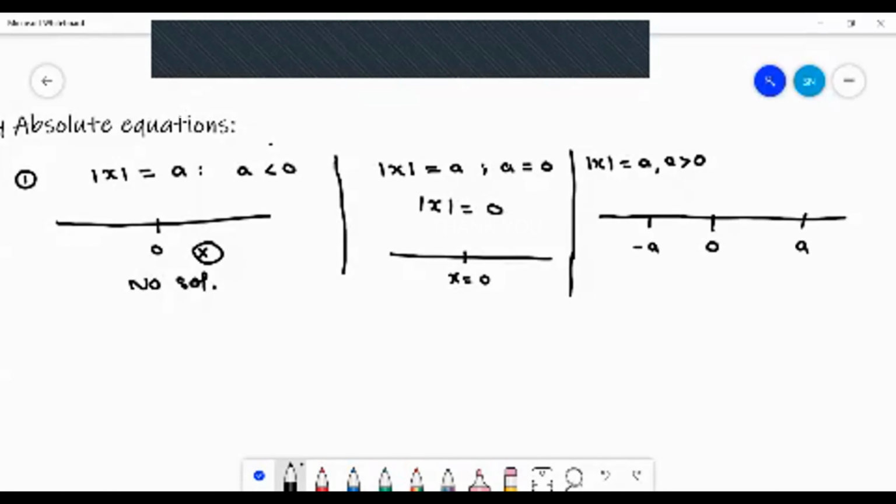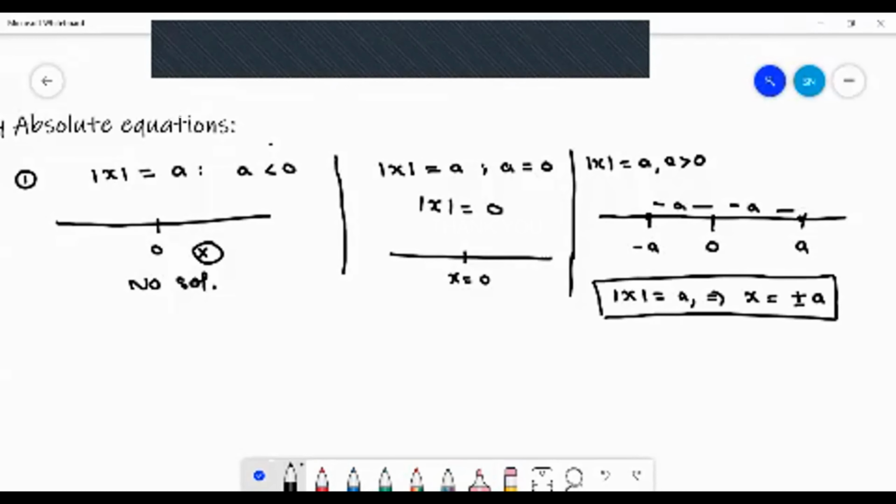Two such points will exist. This is a units and this is a units. So depending on the direction, we get 2 points. So what is the solution of mod x is equal to a when a is greater than 0? x is equal to either a or minus a. There exist two solutions.